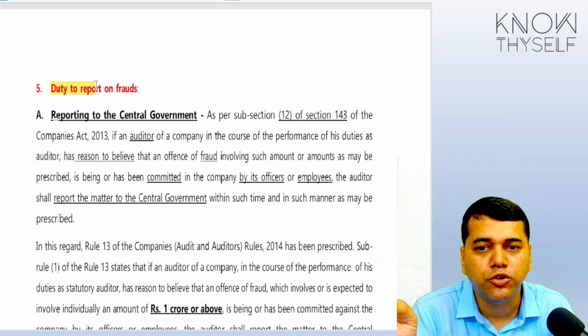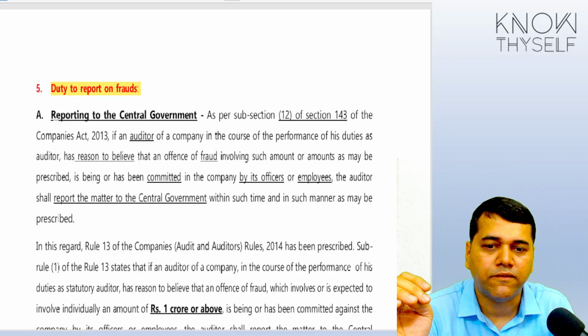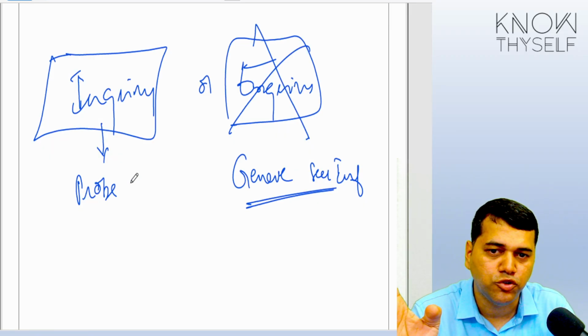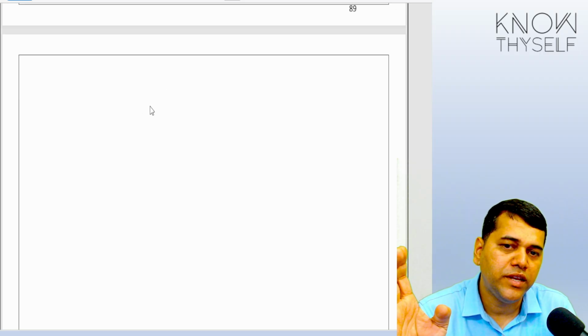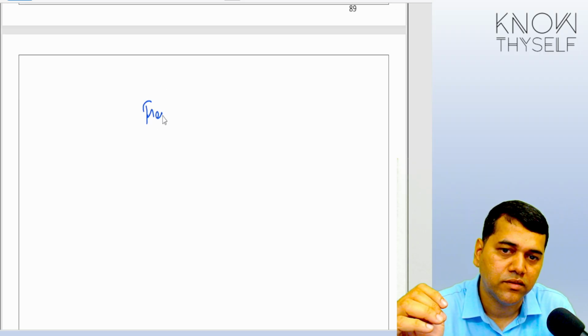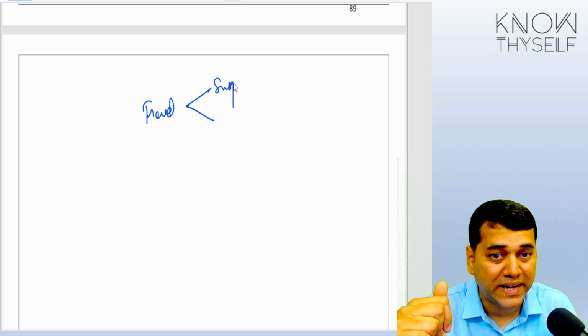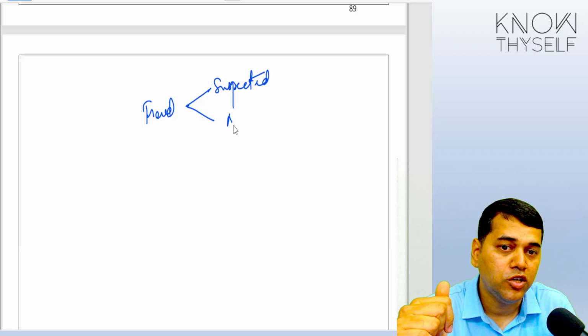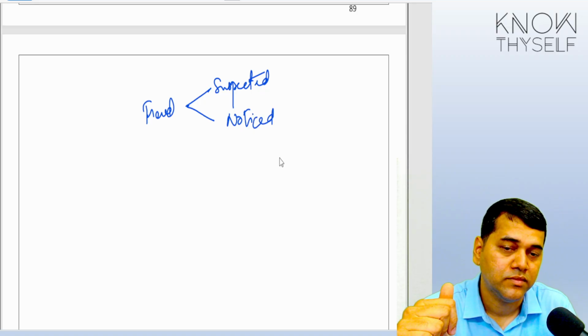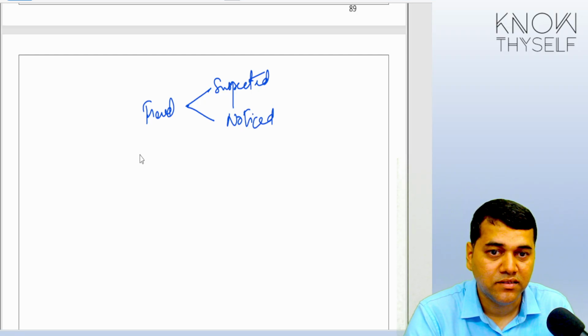Very important, auditor's report on fraud. Okay, first I will explain it to you in the form of a chart, which you must be aware of. Now, whenever you find a fraud, this fraud could have been either suspected or noticed, done by the entity or anybody.